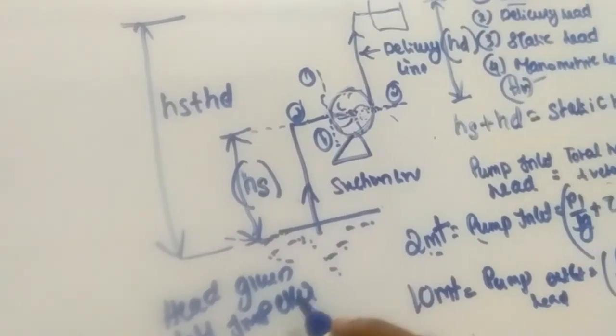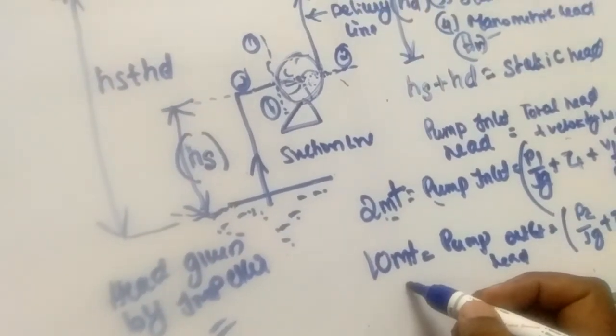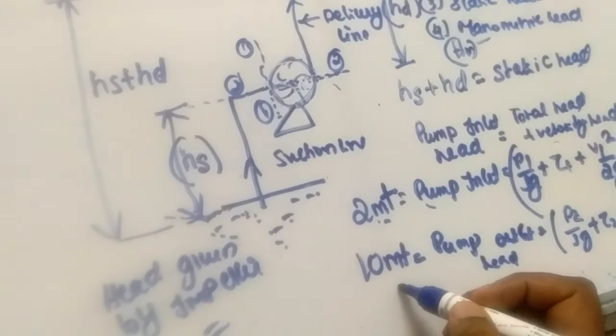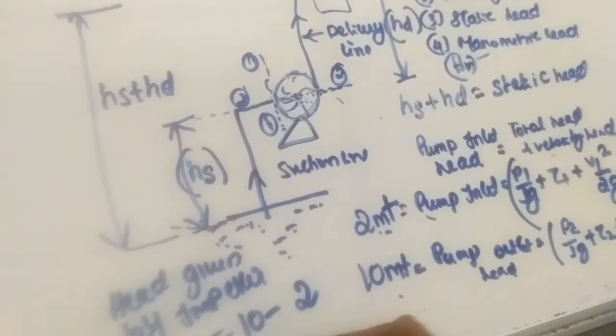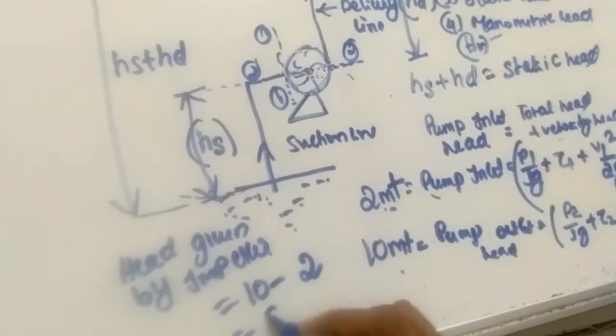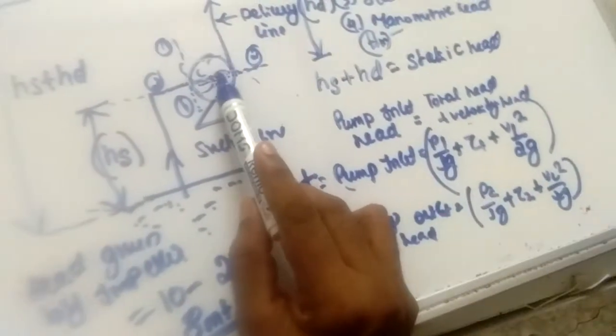At the outlet it is 10 meter, and at the inlet it is 2 meter, so it is just 8 meter. That is the head we get from the pump.